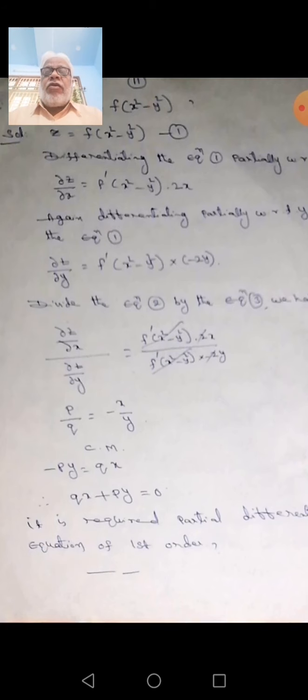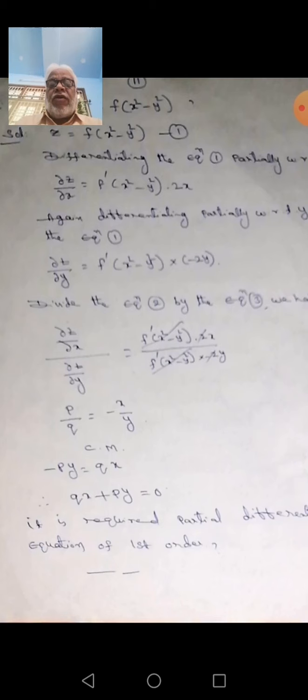We don't subtract, don't add, don't multiply. By division only these two are cancelled. That's why we take the division of these two equations, dou z by dou x by dou z by dou y. The same terms on the right side, f dash of x square minus y square over f dash of x square minus y square, into 2x over minus 2y. These terms are cancelled.